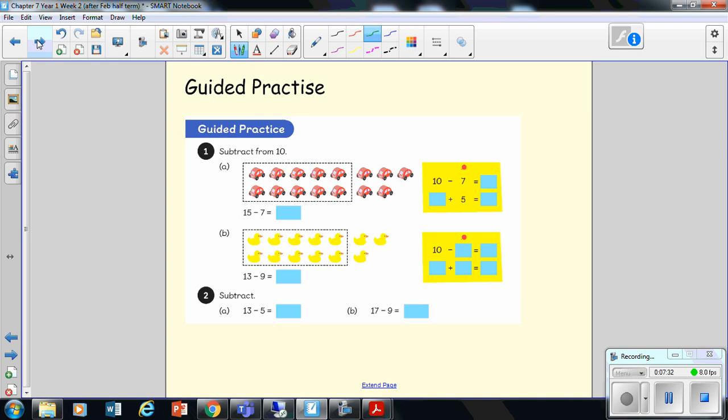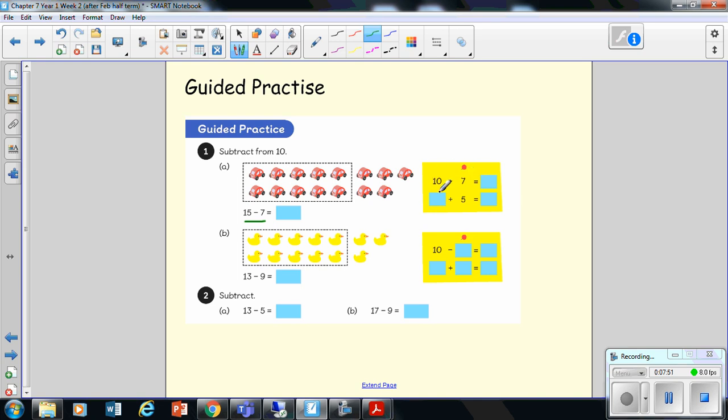What I would like you to do is, with your learning partner, you're going to get your pretend cars or your pretend ducks, whatever objects you have lying around at home, and your tens frames. And the first question you're going to solve is 15 take away 7, and it is a 2-step problem, as we just saw.